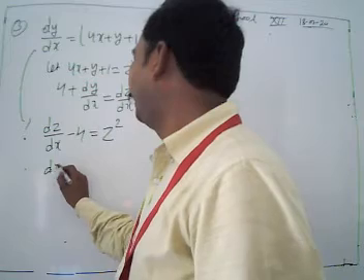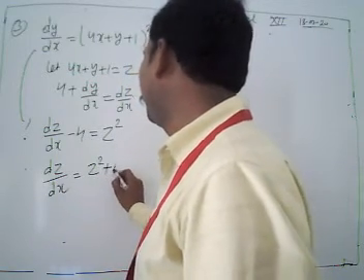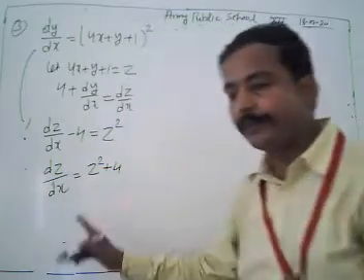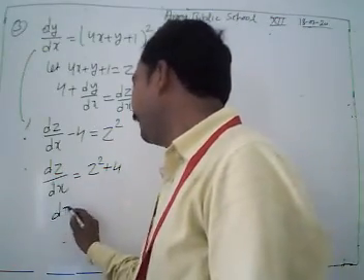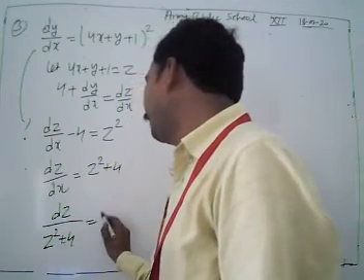Now dz by dx is equal to z square plus 4. From here we are able to separate our variables: dz upon z square plus 4 equal to dx.